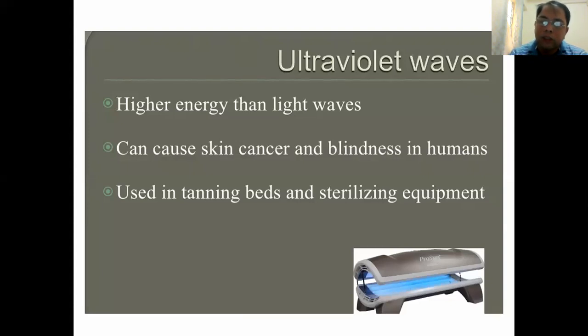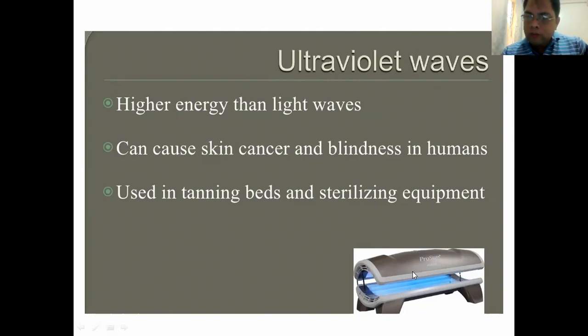So maybe we don't really use this. But in some cases, Caucasians use this to tan themselves. I don't know why. Maybe we have a different way of looking at things, culture. But this is one device that they use to tan themselves, and they use ultraviolet waves.